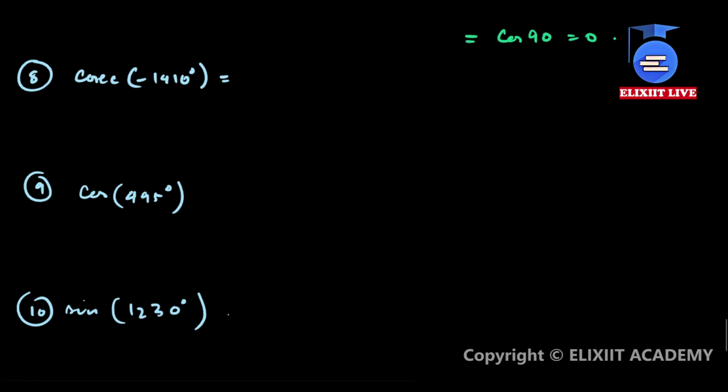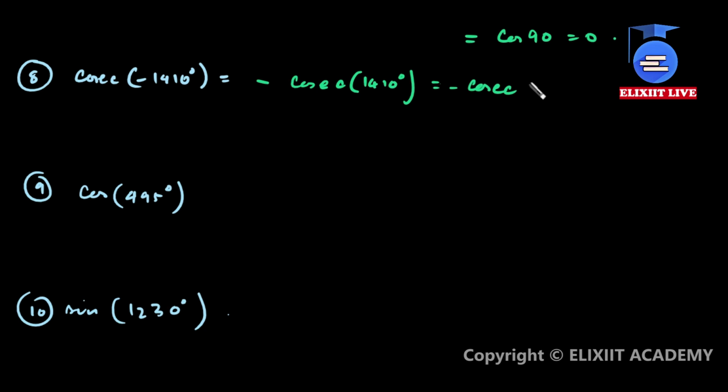You may write this as minus cosec 1410. To take out this minus, we know cosec minus theta is minus cosec theta. So keep this minus outside, so we have minus cosec. Now 1410 is there, so close to multiples of pi.